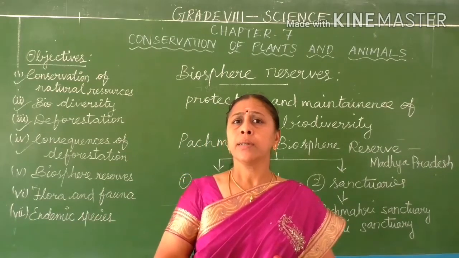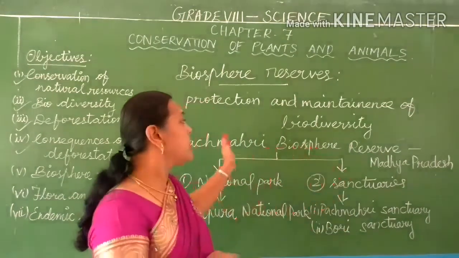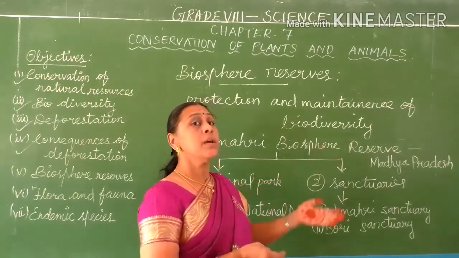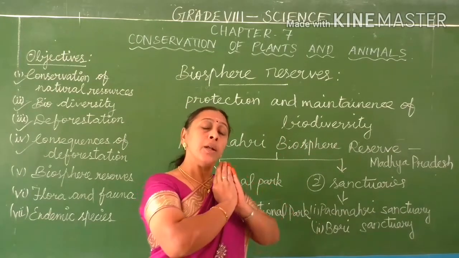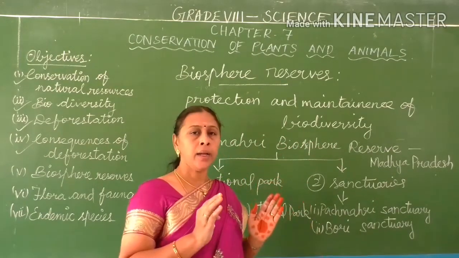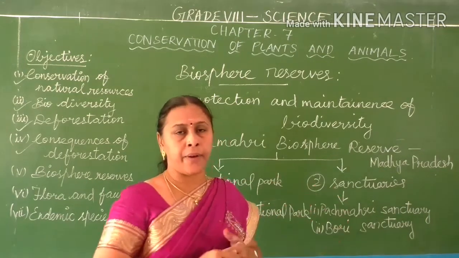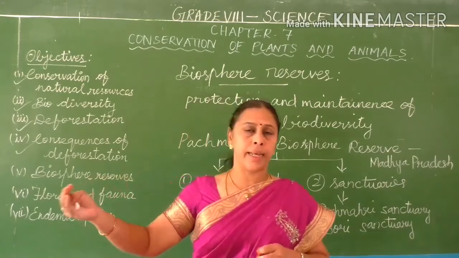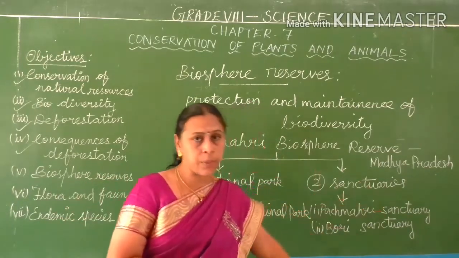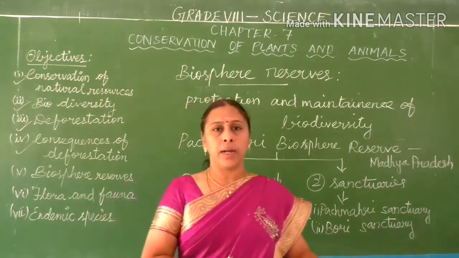Do you understand? So a biosphere reserve is a large protected area. No one can enter and disturb the wildlife. That and all we will see in the national parks and sanctuaries, when we discuss those parts.